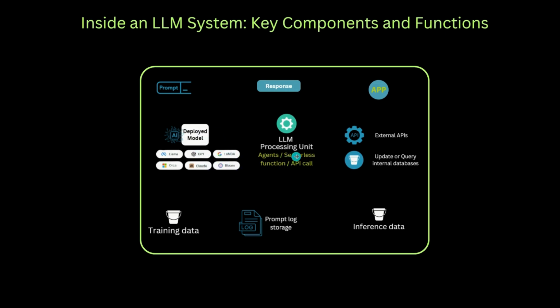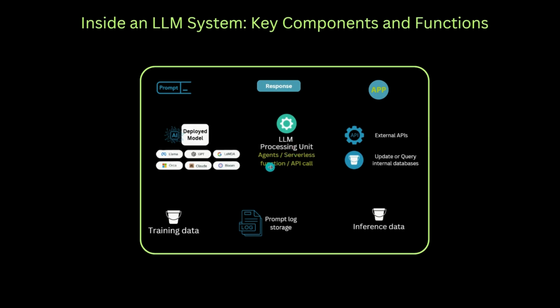Then you have serverless functions. Serverless functions are on-demand execution functions, where a cloud-based function executes some specific tasks on demand without needing a dedicated server. For example, in AWS, you have Lambda functions that are provided by AWS for doing some kind of automation.